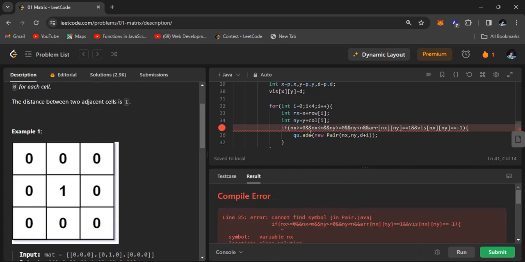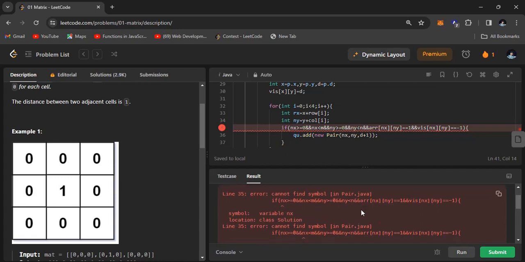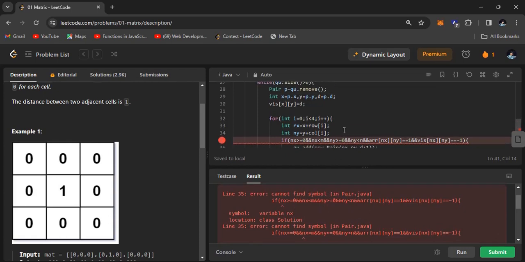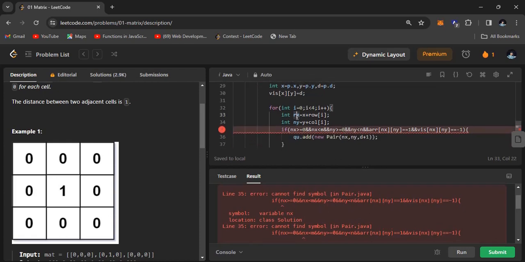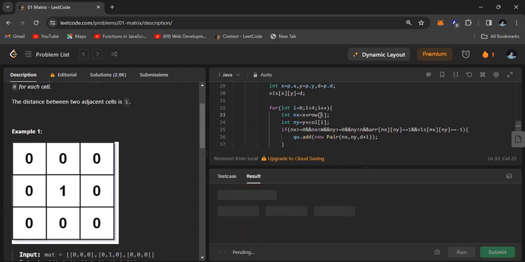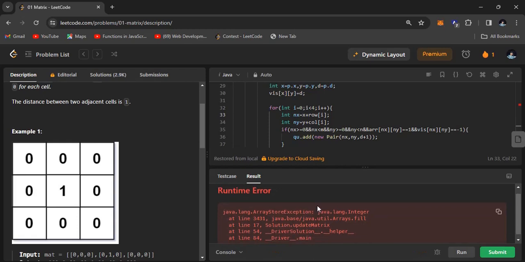Let's run it. What will be x? It says cannot find symbol, what symbol? New x, sorry, by mistake I wrote new r.